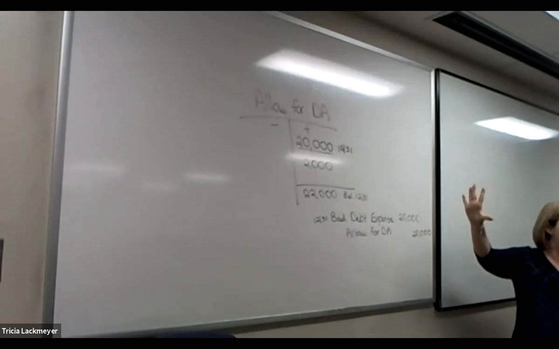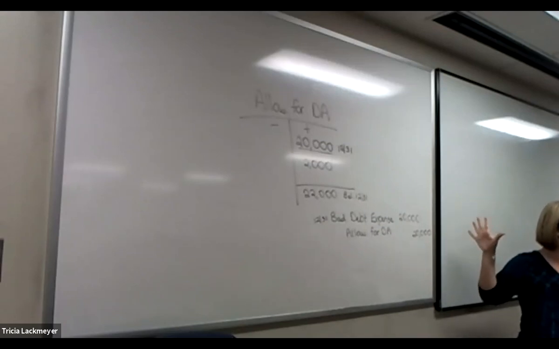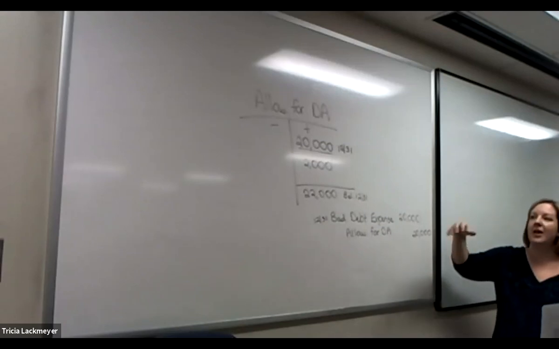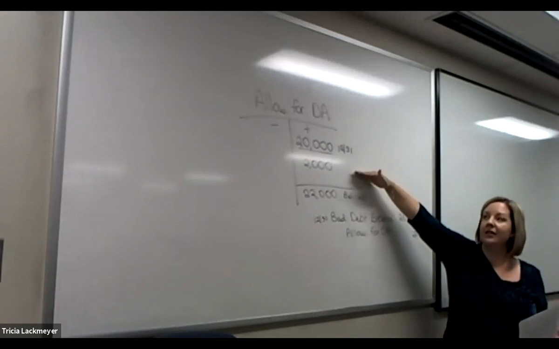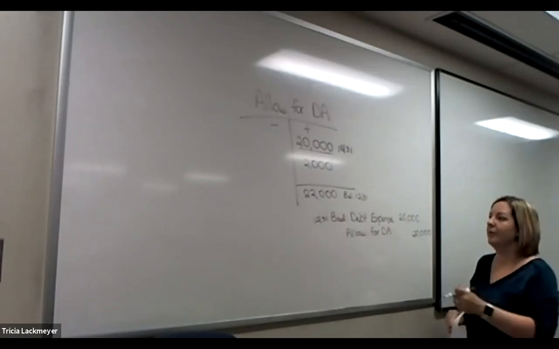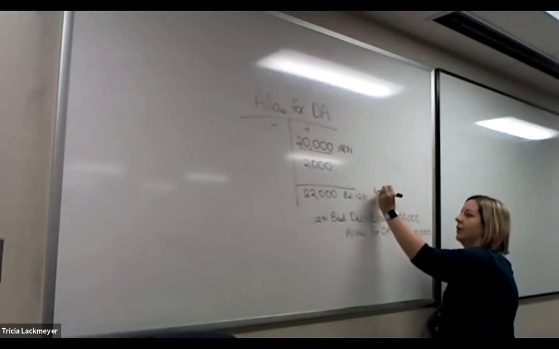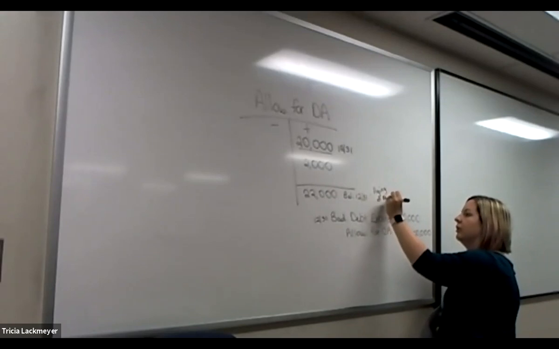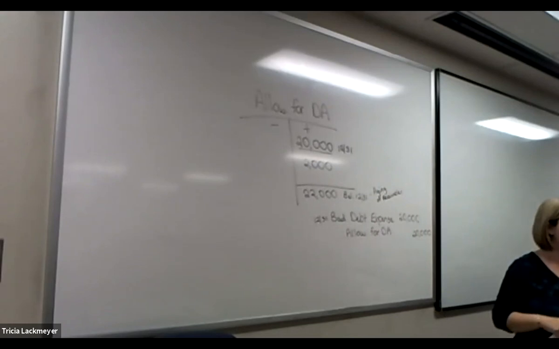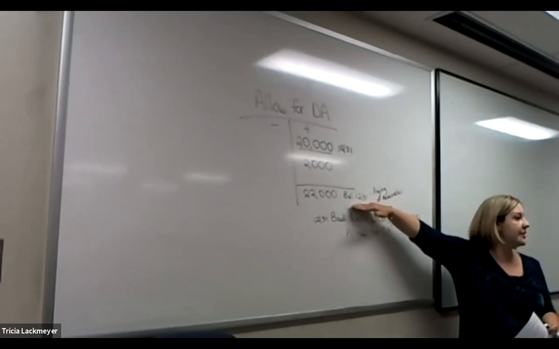So understand that, okay? Know that at the end of the period, we may have had a $2,000 balance in allowance for doubtful accounts at credit balance. This number came from our aging of receivables. So when we did our aging of receivables, we came up with this estimate, right?